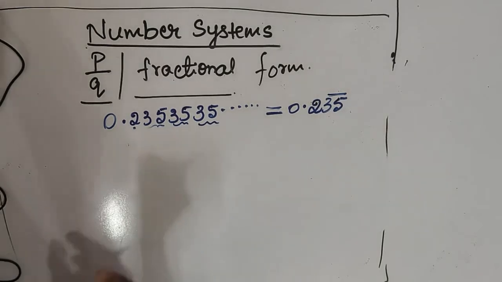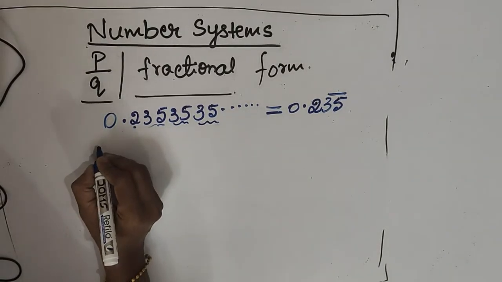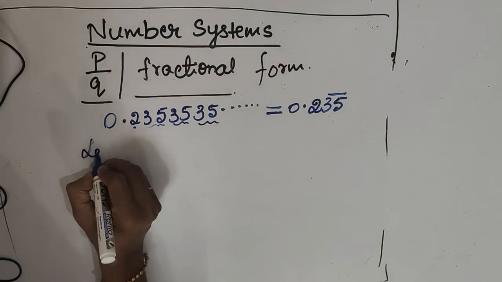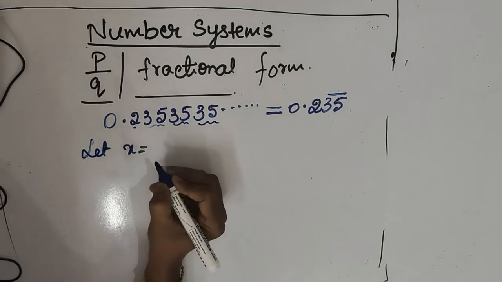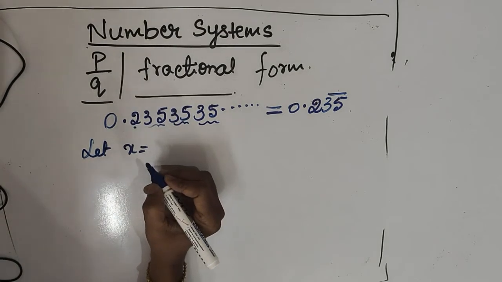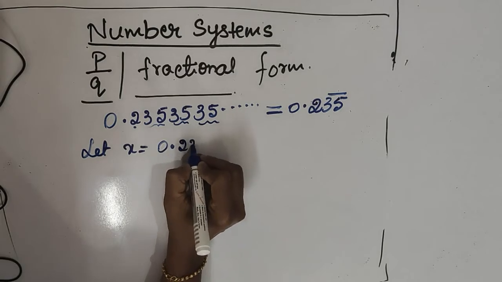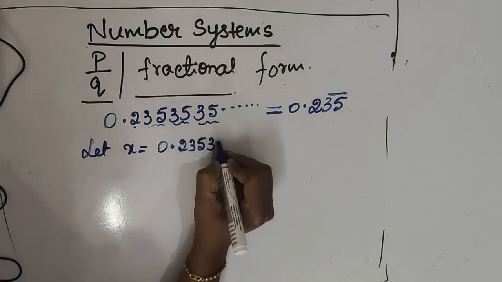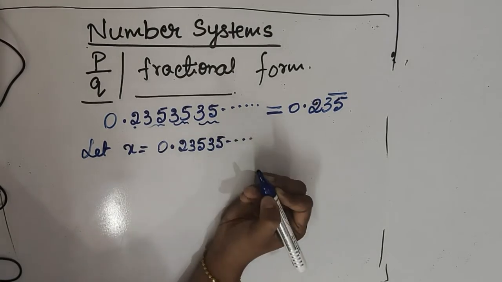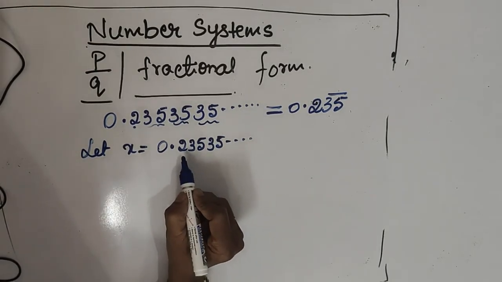So here there is a slight extra work. While converting, we have to do one extra step. I'll take this number as some unknown; it's not compulsory to take x itself. You can take any alphabet, but small letters. So x equal to 0.23535 so on. Now just observe.